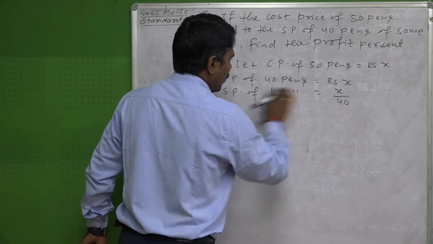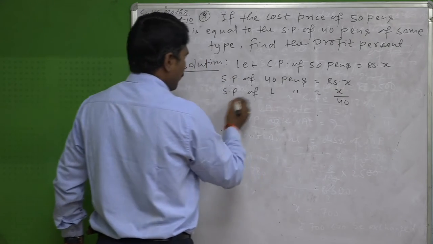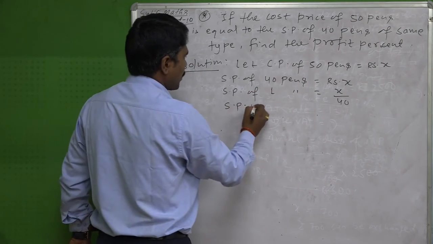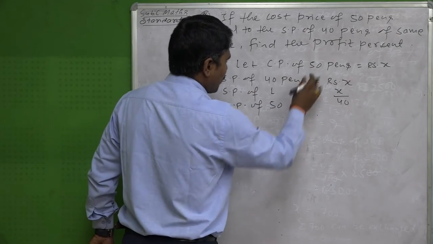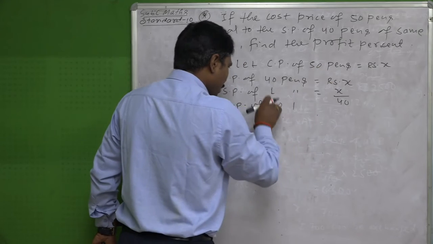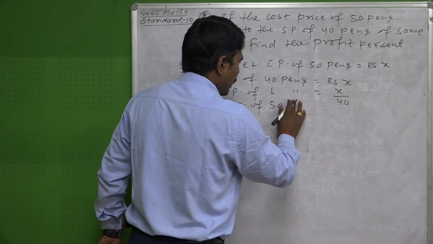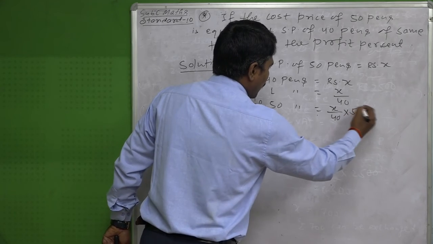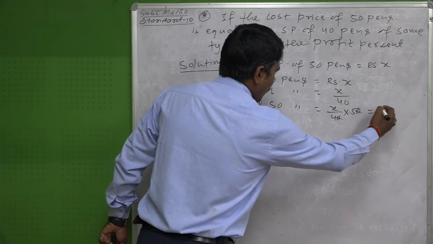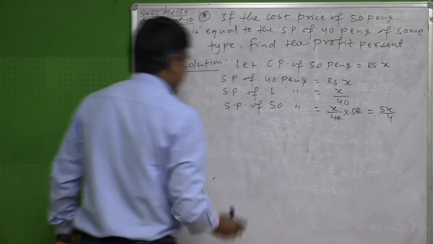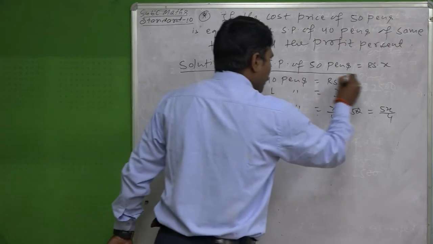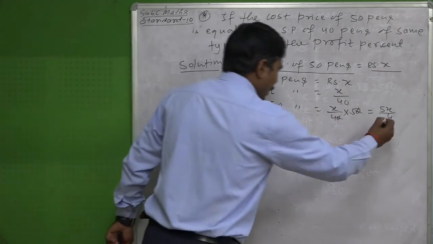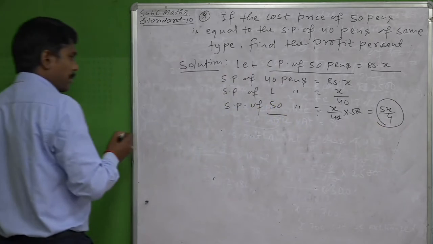For 1 pen, we divide, because if the number is less, the amount is also less. So SP of 50 pens, since we have 50 CP, we make 50 SP also, like terms. Then X by 40 into 50, the zeros cancel, giving 5X by 4. Then CP of 50 pens is X and SP of 50 pens is 5X by 4.